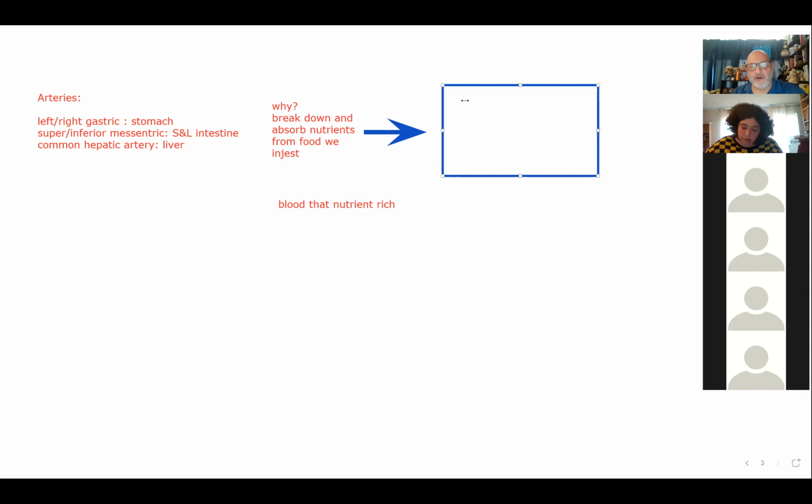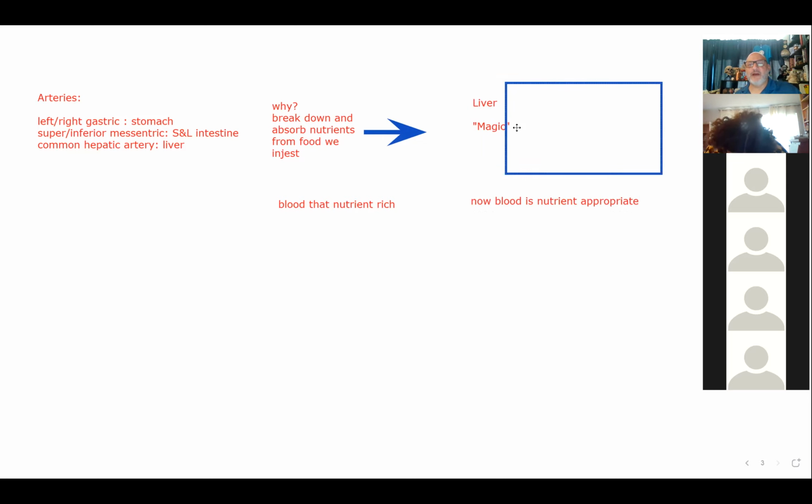And our liver is where magic happens. And after that magic, our blood goes from nutrient rich to now the blood is nutrient appropriate. So we need that processing by the liver.